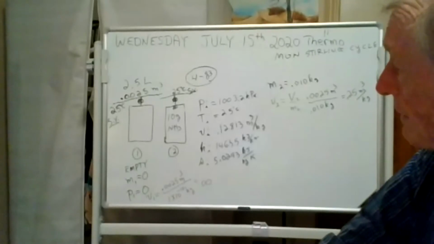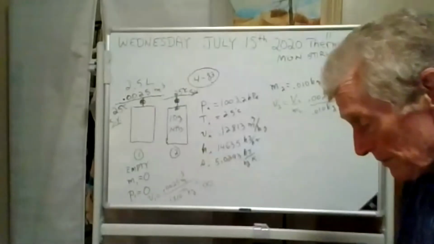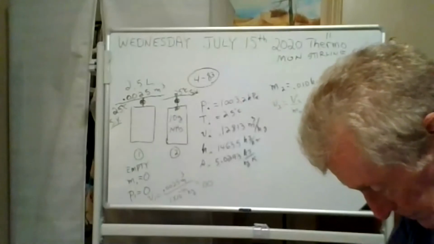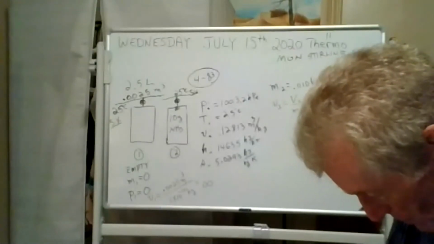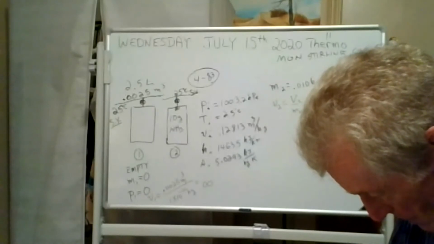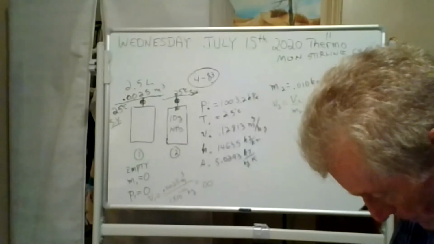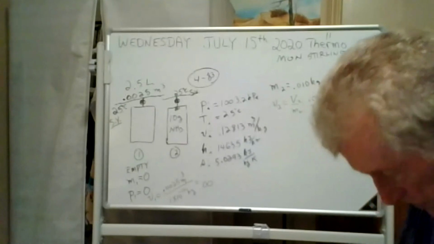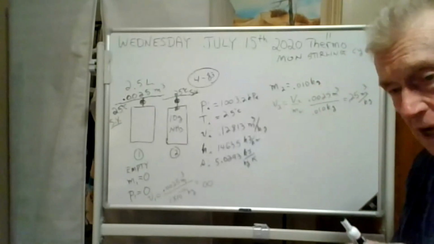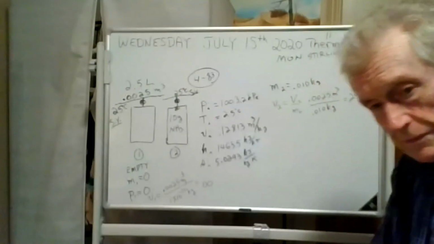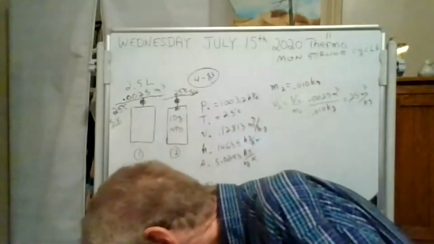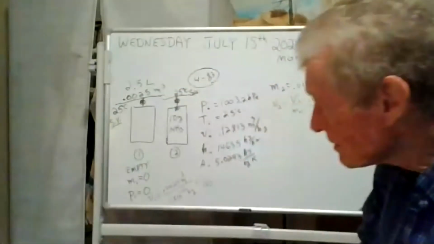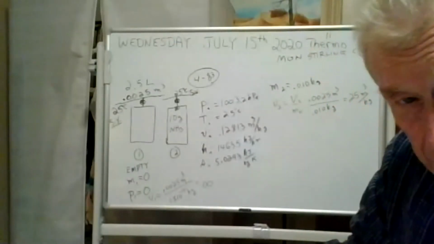We did good. Now, do we know anything else at state 2? Let me read this again. We're doing problem 483, and it says the ammonia comes from a line. We cool the tank while we fill it, keeping its content at 30 degrees Celsius. You know what happens when you fill a tank?